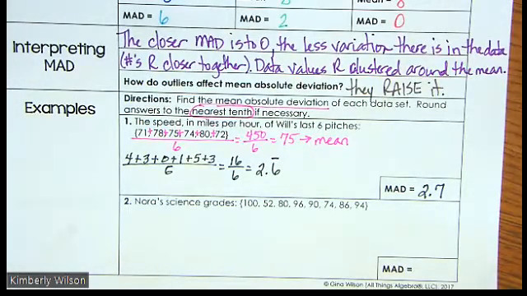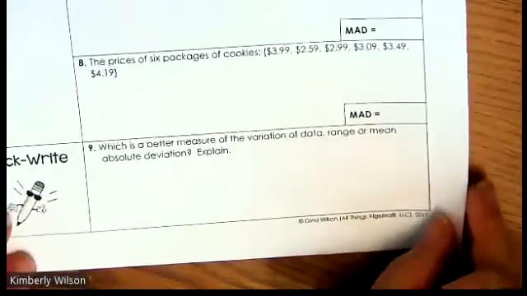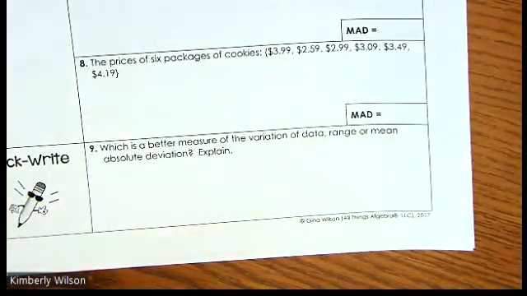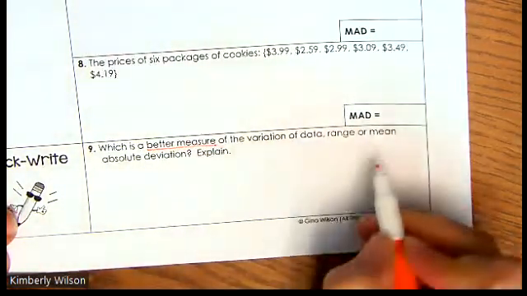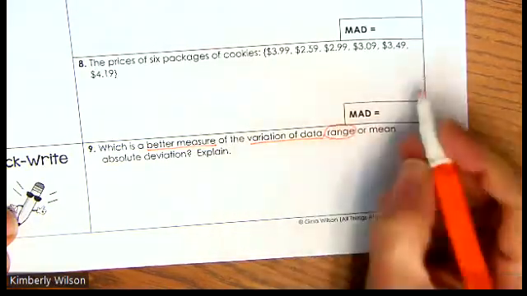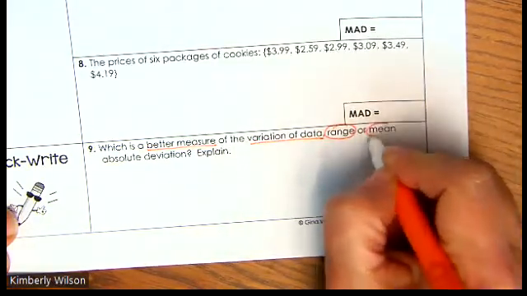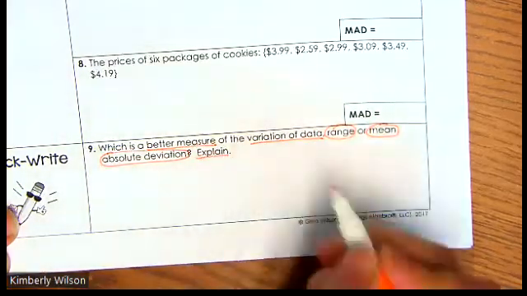Okay, moving right along, let's look at number 9. Okay, it says, which is a better measure of variation of data, range or mean absolute deviation, and we have to explain.